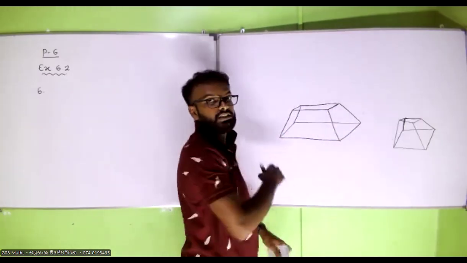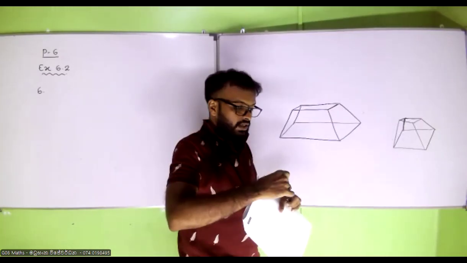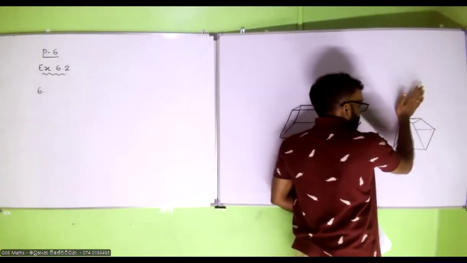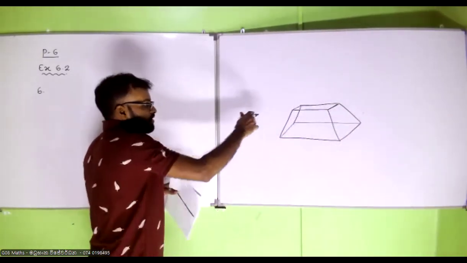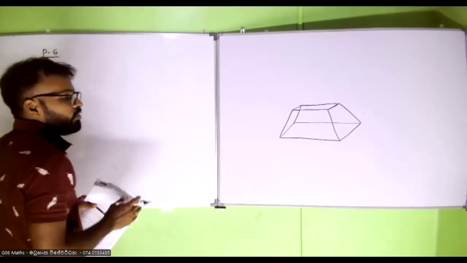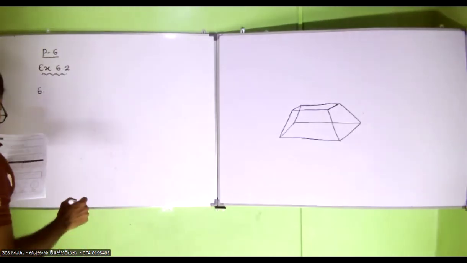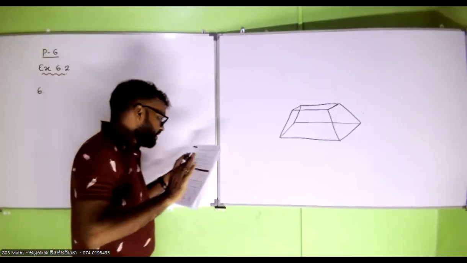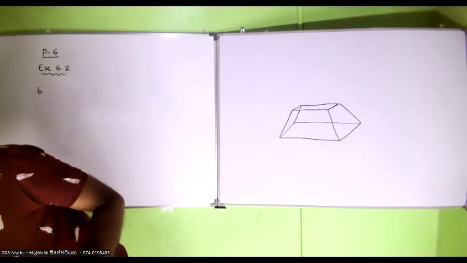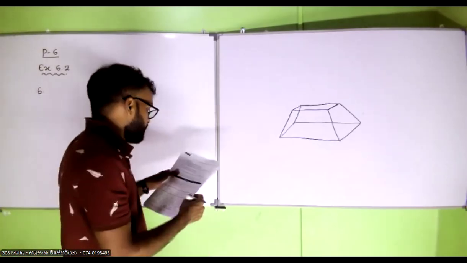So now you have this. The upper portion has been cut. Now this is the solid you are going to deal with. They are asking to verify Euler's relationship for this solid.